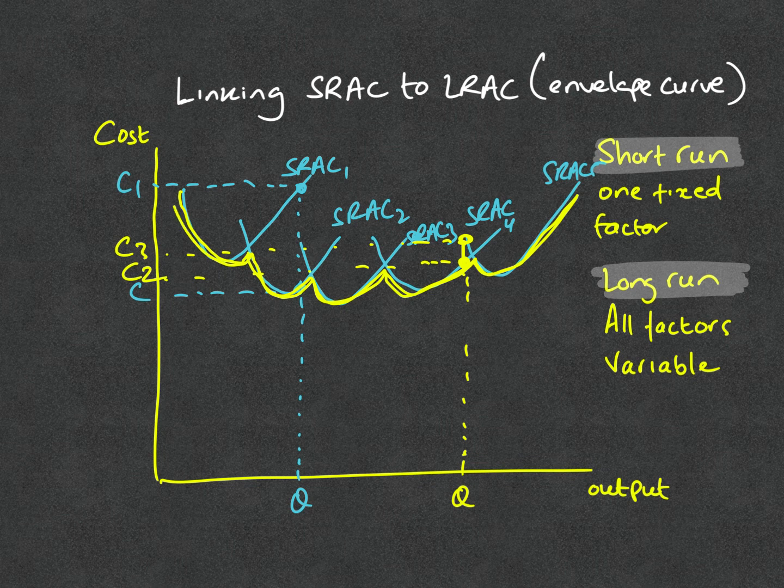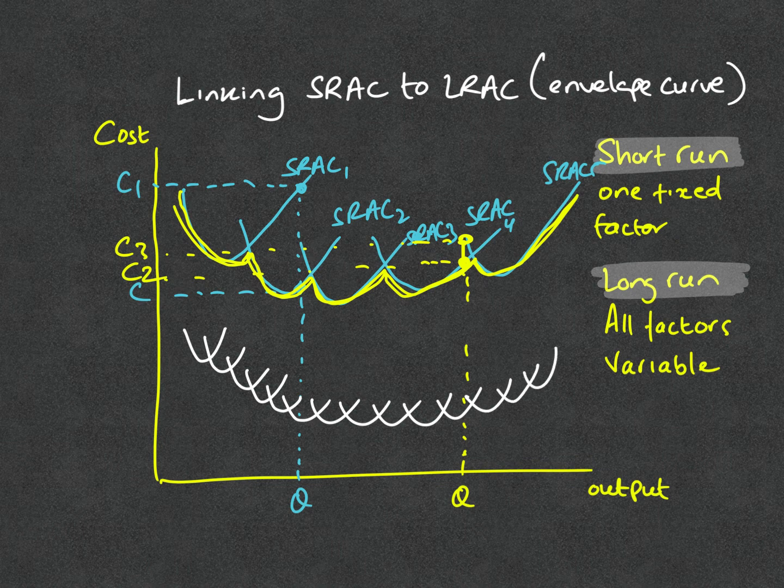If, however, I was to draw many more SRACs to highlight the true scale of production that would occur in the real world for a firm, then you'll notice that the LRAC, when drawn, is going to be much smoother, and it would look like a much straighter curve. LRAC. And that's how you link the curves together, guys.